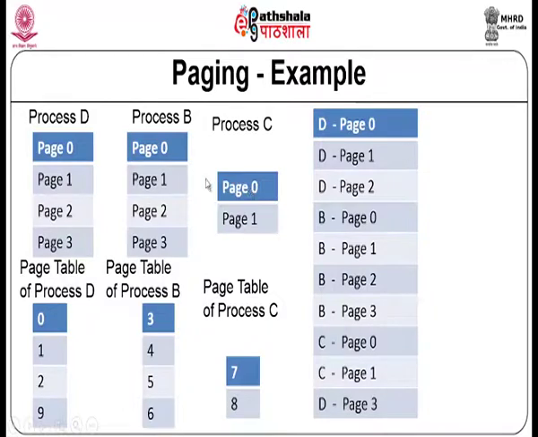So, what is done is the first 3 frames are occupied by the first 3 pages of process D, and the last frame here is occupied by the last page of process D, and you update the page table of process D accordingly. So, you have 0, 1, 2 as the frame numbers for the first 3 pages, and 9 as the frame number for the last page.